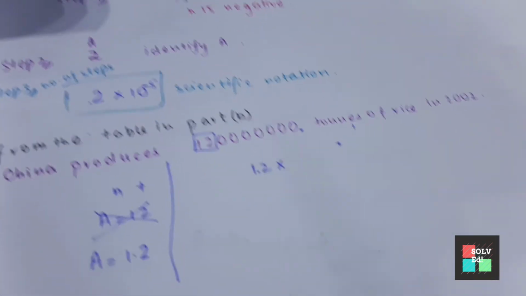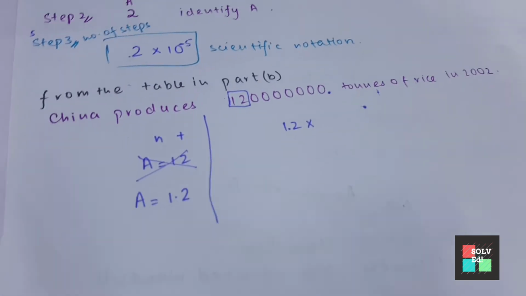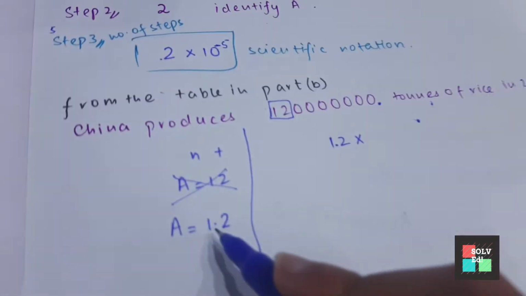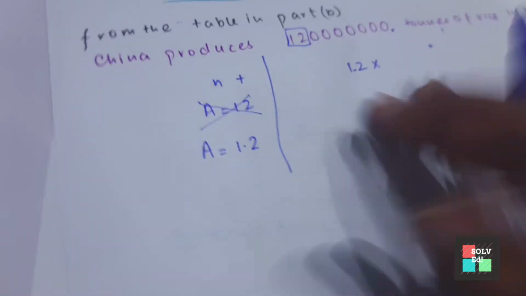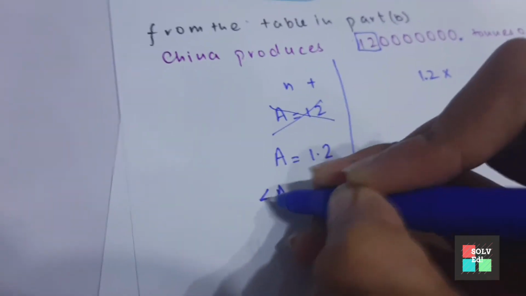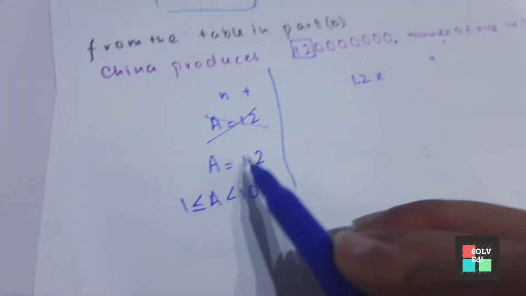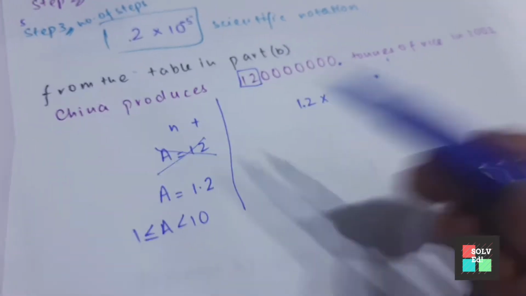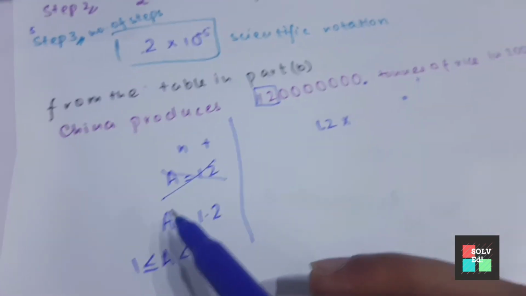So what we'll do in this case is place a decimal in between. And what that will do is put it into that range of A being greater than or equal to 1 and lesser than 10. The non-zero digits that we're looking for are there. So we're going to use 1.2 instead of 12.